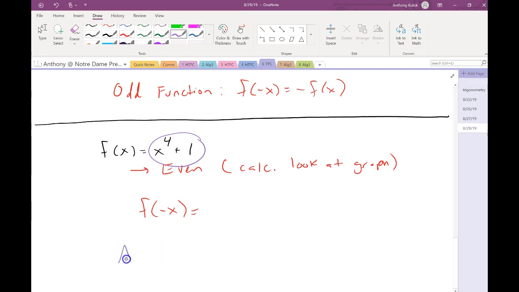As an aside, if I asked you to do f of 2, what would you do? What does that mean when I write down f of 2? Great. So I would plug in 2 for x, and I would say that's 2 to the fourth plus 1. If I did f of negative 2, what would I do?